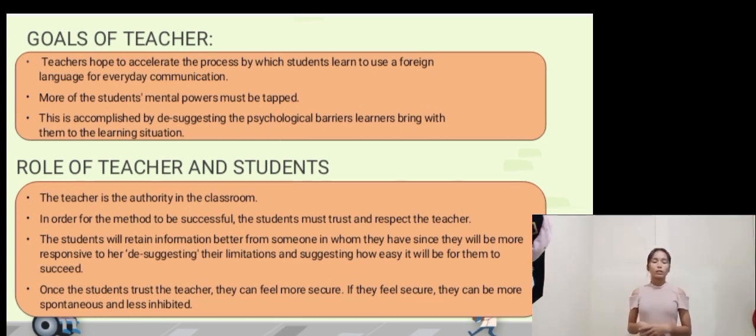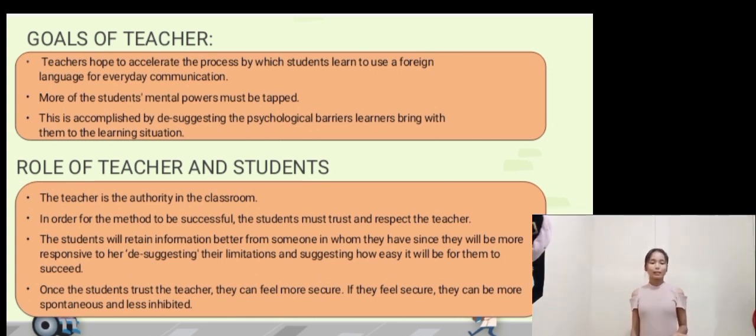So the teacher is the authority in the room. The second is in order for the method to be successful, the students must trust and respect the teacher. And the students will retain information better from someone in whom they have trust, since they will be more responsive to her suggesting that their limitations can be overcome and suggesting how easy it will be for them to succeed.